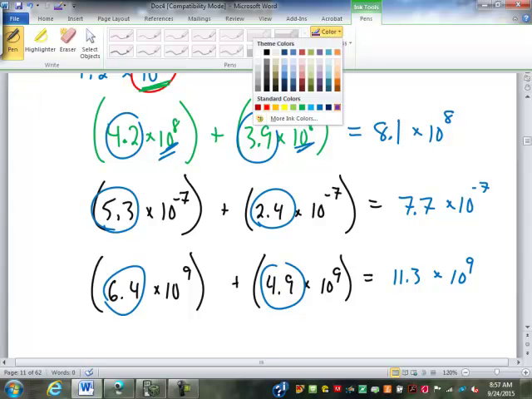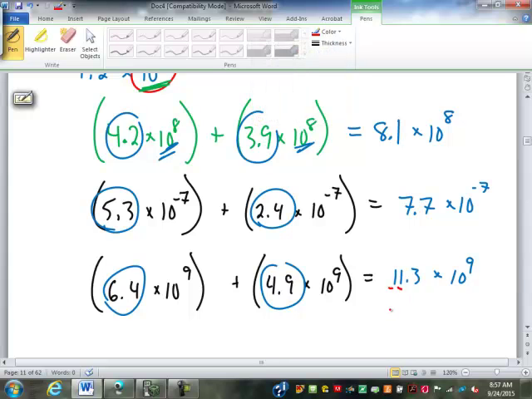Yeah, there are 2 digits in front of the decimal point. We only want 1 digit. So we're going to move the decimal point over to make this 1.13. Did we make this number bigger or smaller? We went from 11 to 1. We just made it smaller, right?